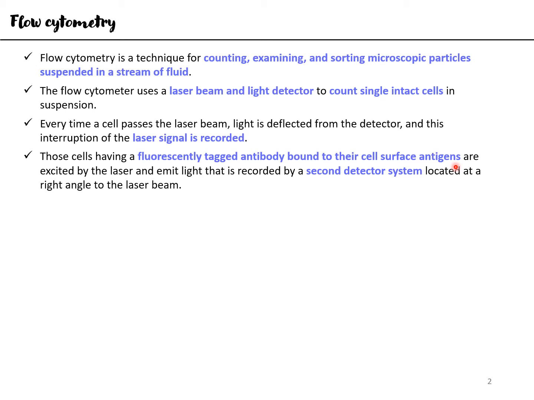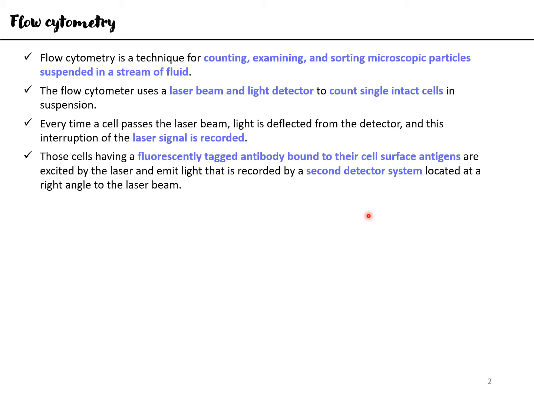So if a particular cell is expressing this particular cell surface protein against which you have added the antibodies, then what would happen is that this fluorophore, which is attached to the antibody, would be excited by the laser, and once excited, it will emit light that is recorded by a second detector system located at a right angle to the laser beam.